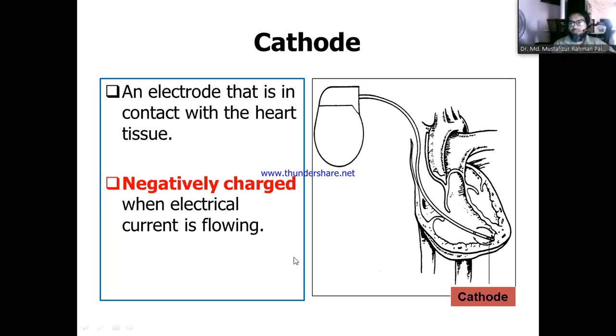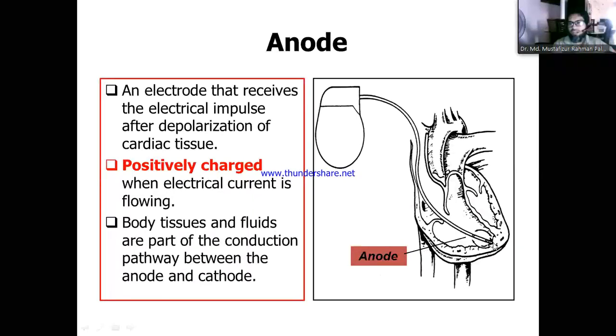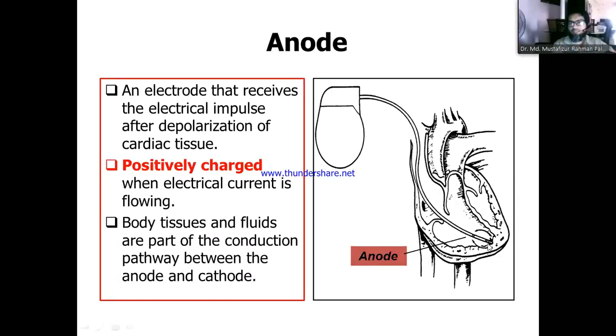The anode is positively charged, and it is not at the tip. It is the electrode that receives the electrical impulses after depolarization of the cardiac tissue. Once the impulse passes through the cardiac tissue, after depolarization, the impulse is sensed by the anode.